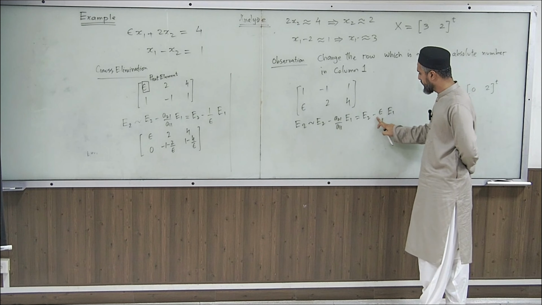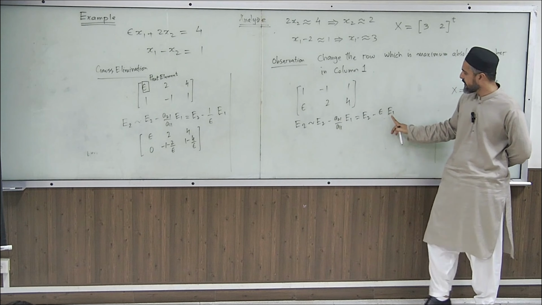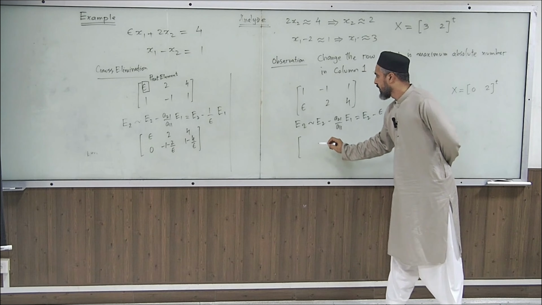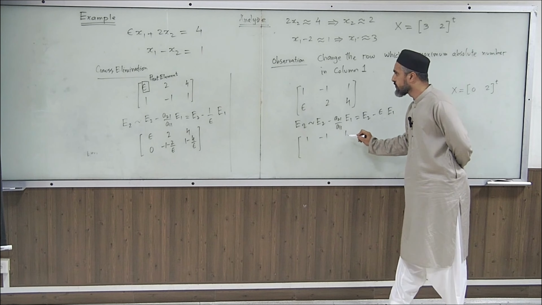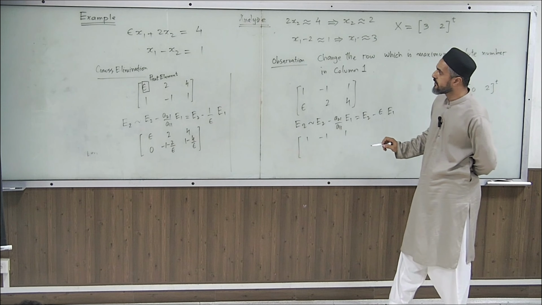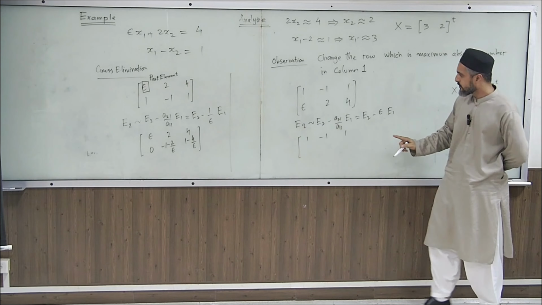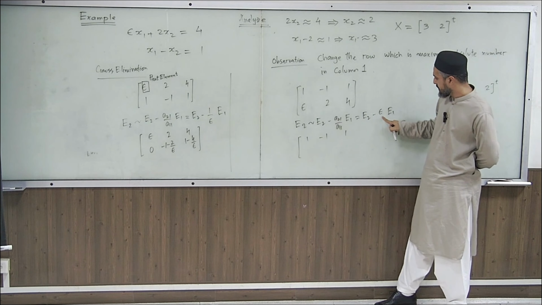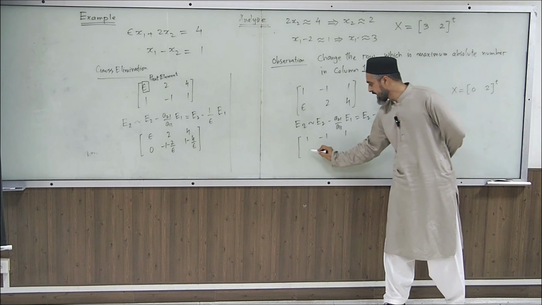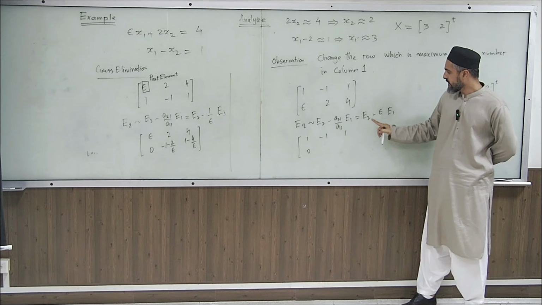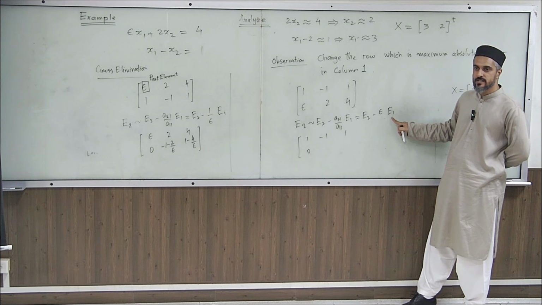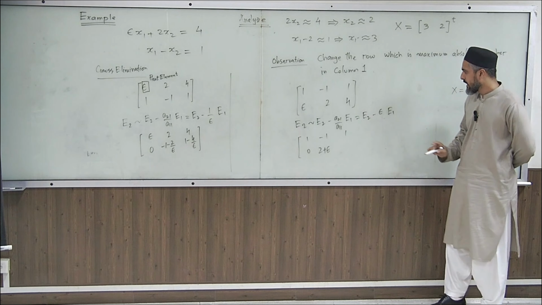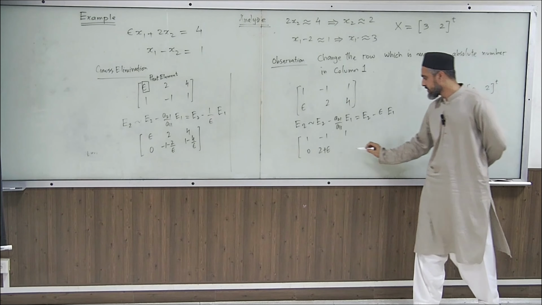So we just have to subtract epsilon E1 from equation number 2. There are no changes to row number 1. For row number 2, epsilon minus epsilon into 1 is 0. Then we have 2 minus epsilon into minus 1, so it is 2 plus epsilon. Then it is 4 minus epsilon.